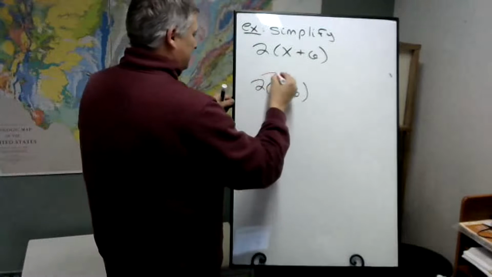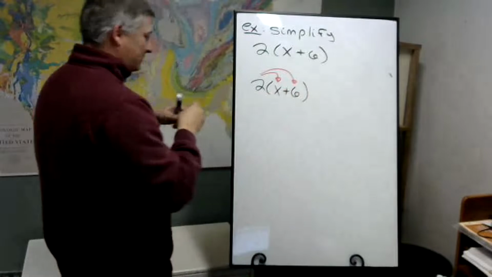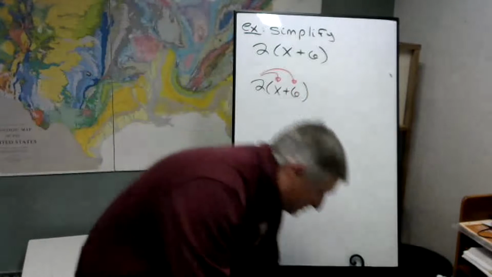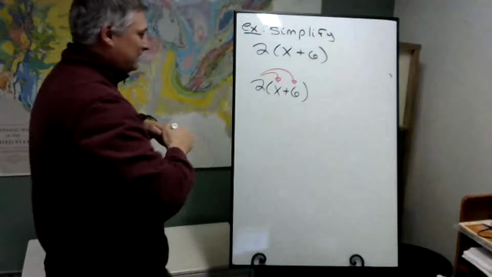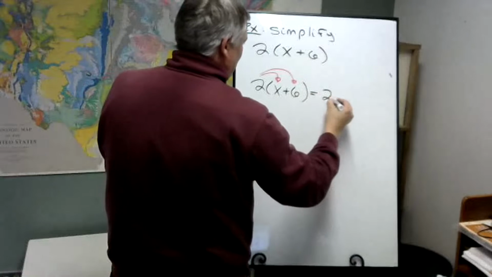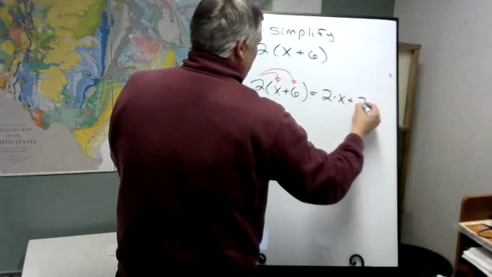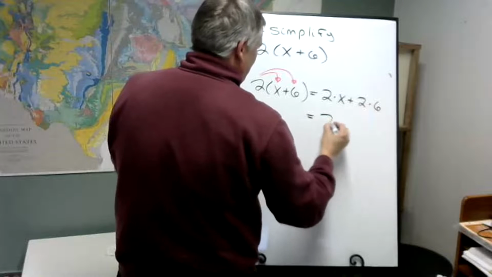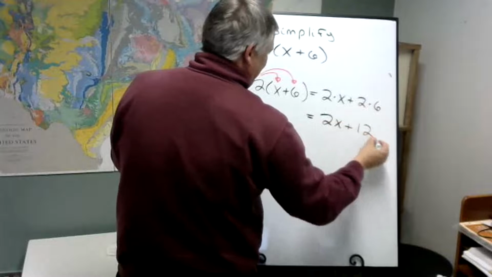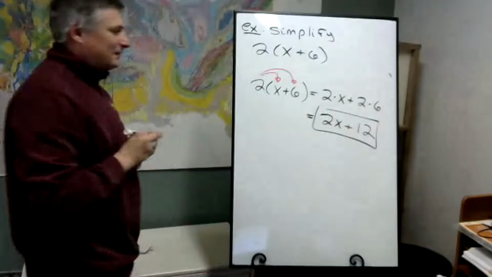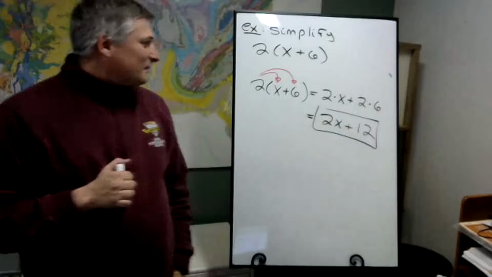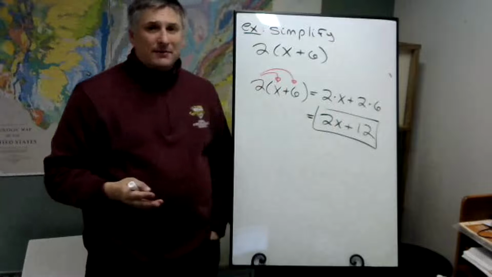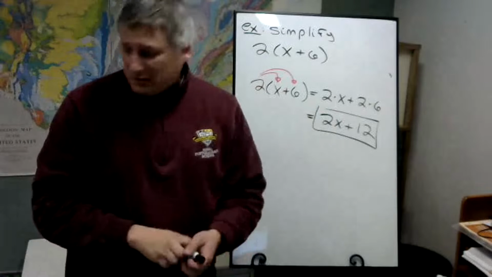We'll distribute the 2, and we distribute it as multiplication. We just lost the pen. Pardon me. There it is. We'll get 2 times x plus 2 times 6, or 2x plus 12. And there we go. So that's how we can drop the parentheses, and that's going to be really helpful later on.